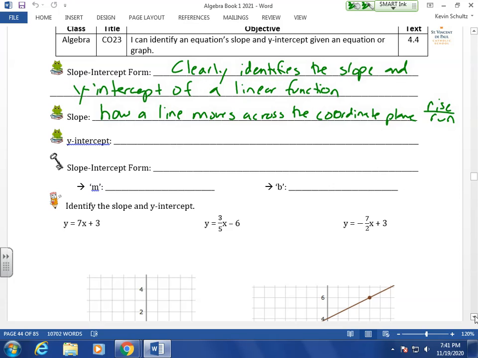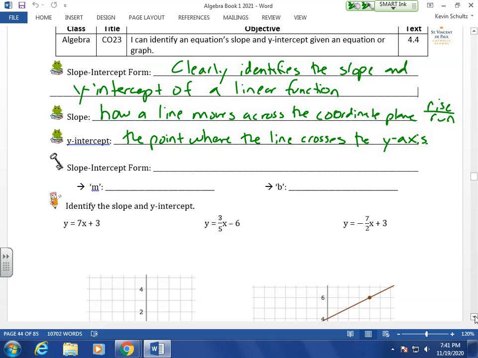And then the y-intercept is the point where the line crosses the y-axis. The point where the line crosses the y-axis. Those are all definitions of the slope-intercept form and the slope and the y-intercept.